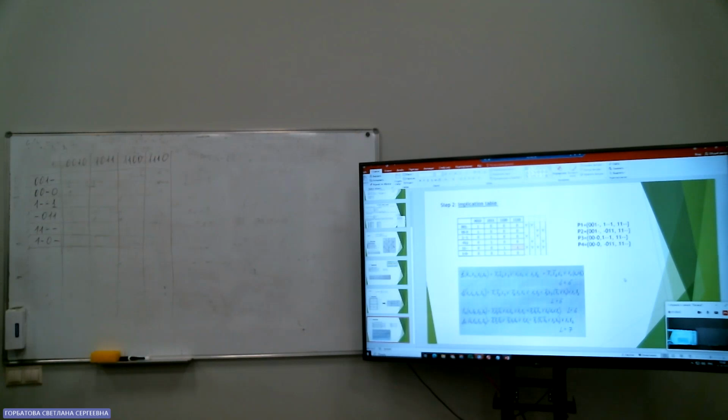Here I put in cell digit 1 if point from column includes in interval from row. So this interval consists of points 0, 0, 1, 0, and 0, 0, 1, 1. And you can see that point 0, 0, 1, 0, it is point where function equals to 1.